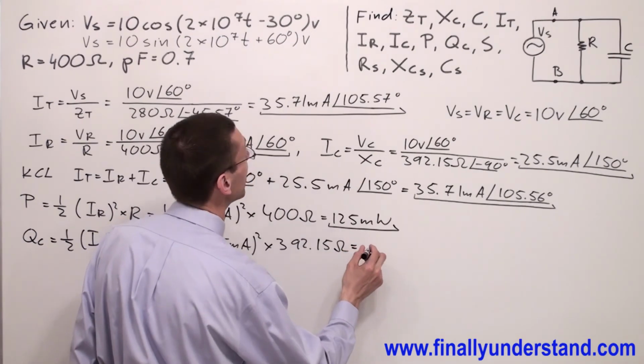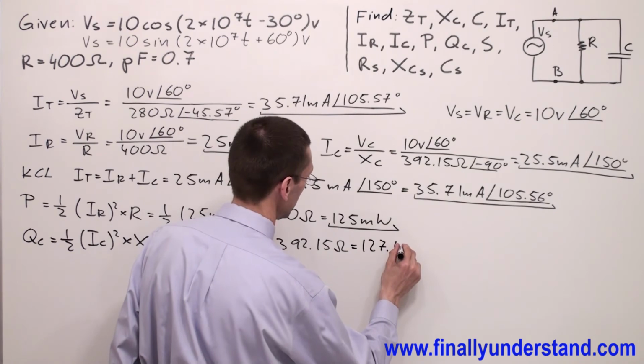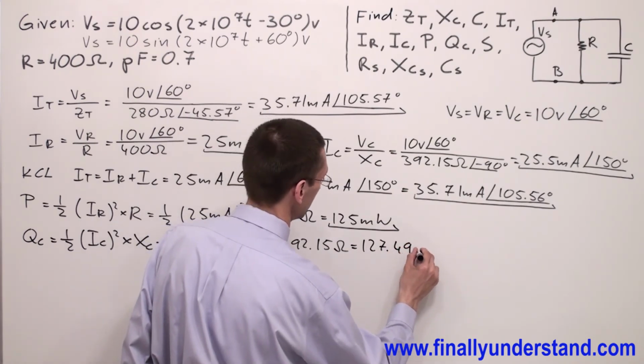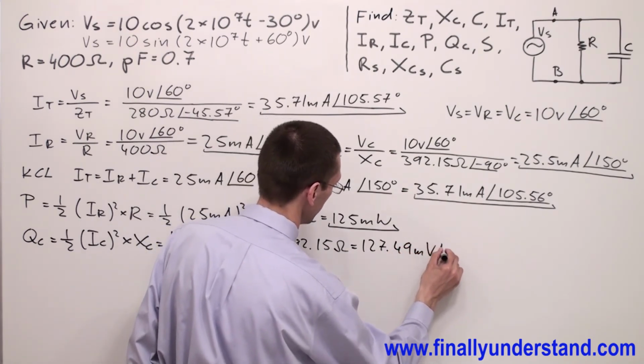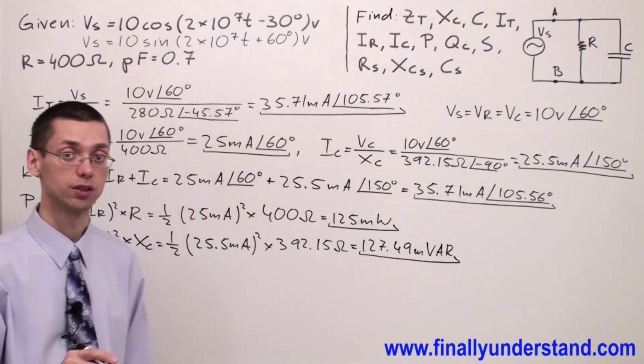This is equal to 127.49 millivolt amp reactive. This is the reactive power in my circuit.